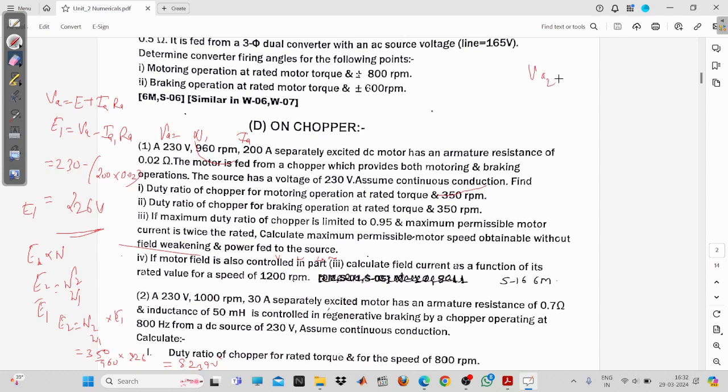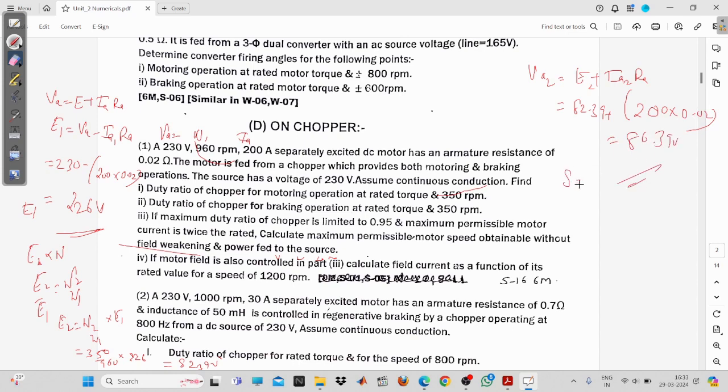VA2 will be equal to E2 plus IA2 into RA. IA2 will be IA only because the rated torque is there. So 82.39 plus 200 into 0.02, so 86.39 is the voltage value.